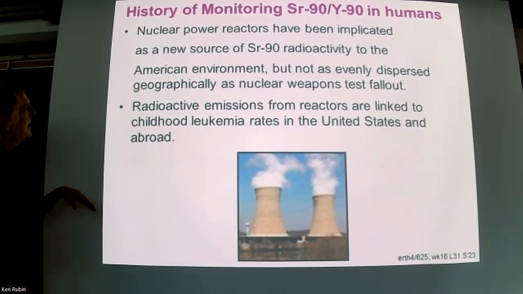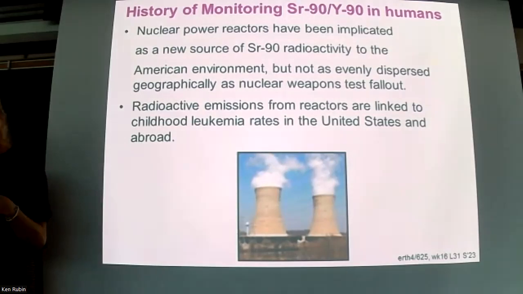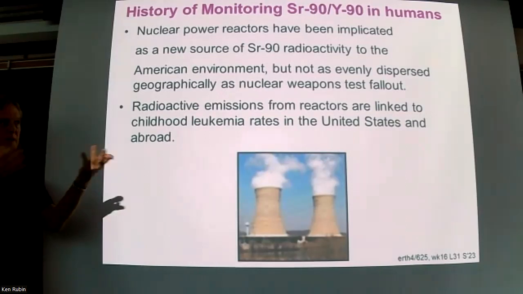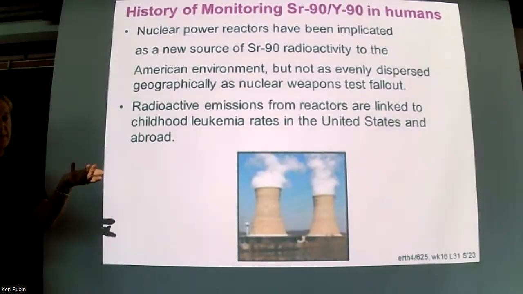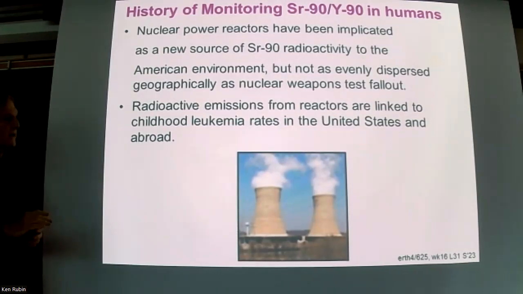And it's also important to note that there are other sources of strontium-90 to the environment, as I mentioned, mostly nuclear power, but also medical waste and medical procedures. You think about it, every procedure that a doctor does, there's some factory somewhere that makes that stuff, right? They're making the strontium devices that are used to either generate external radioactivity or to use in medical imaging or whatever the purposes were.